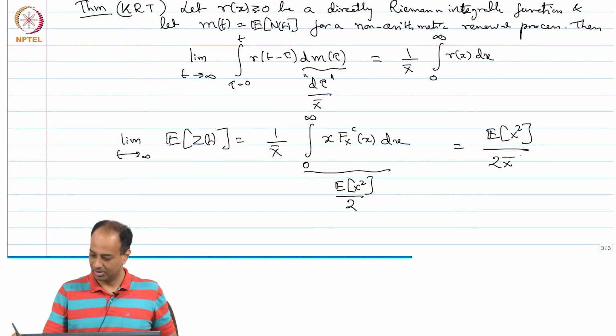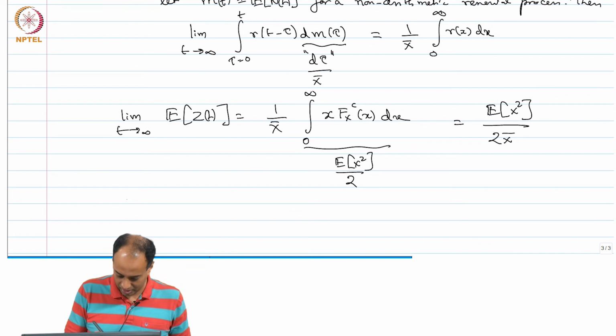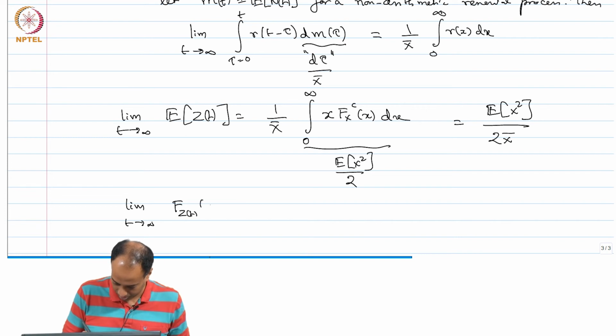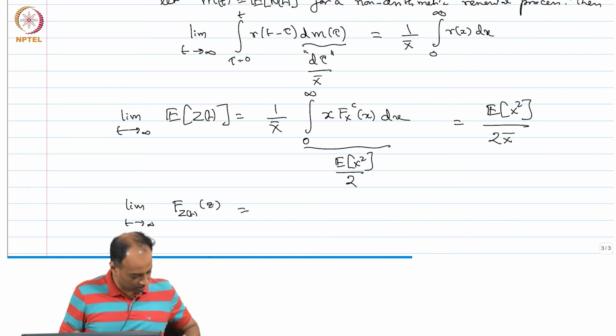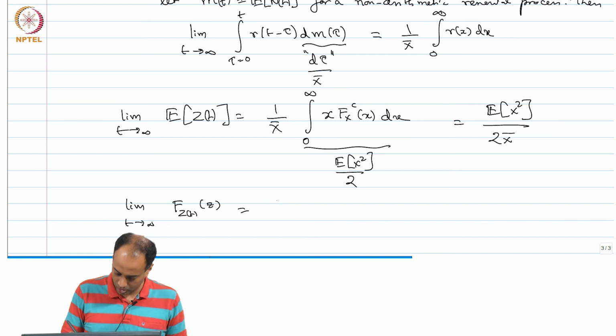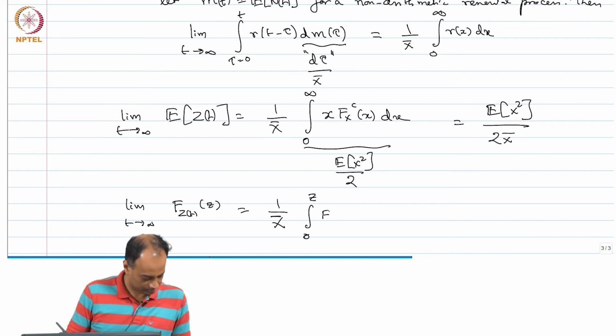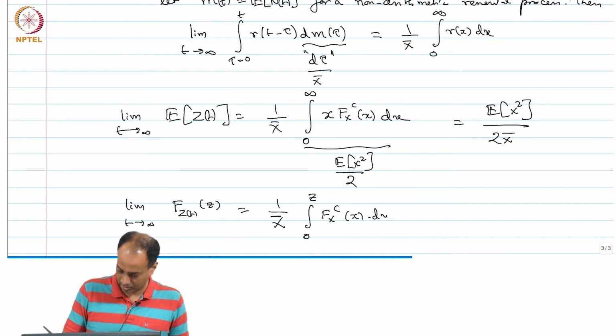Likewise, you can write the limit t tending to infinity of F_Z(t) of z as equal to 1 over x bar integral 0 to z of F_X complement of x dx.